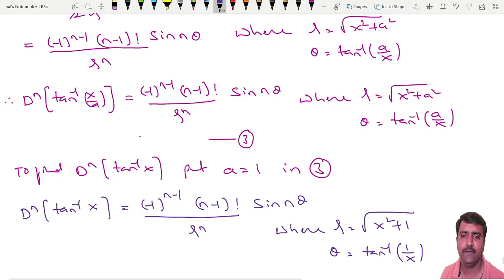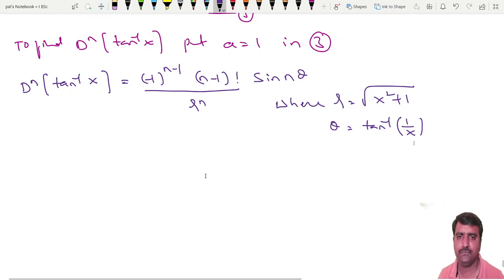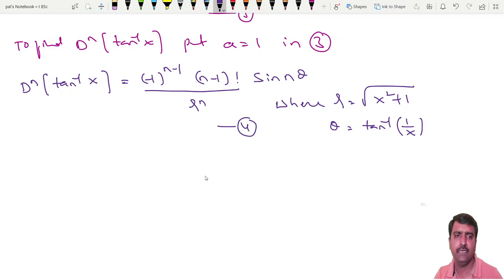Yes, here you just make some changes. So take this expression as 4. This is the nth differentiation of tan inverse of x, no doubt in it, but we can make some changes here. Here theta is equal to tan inverse of 1 by x.